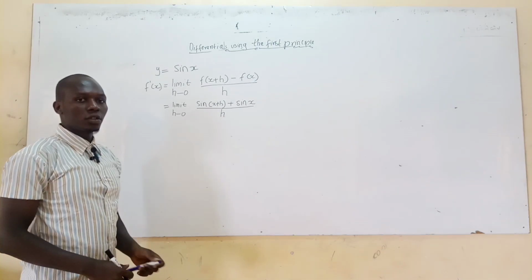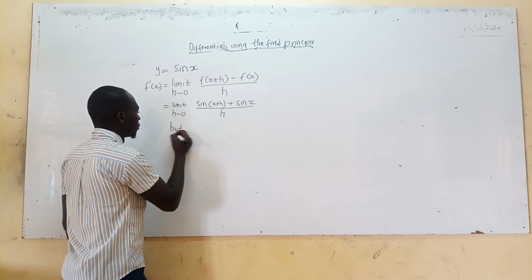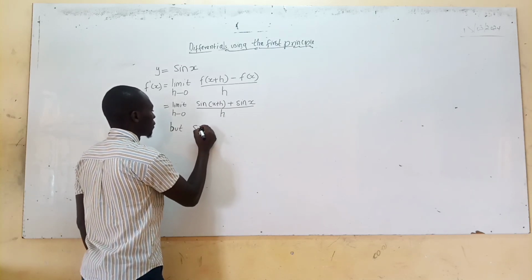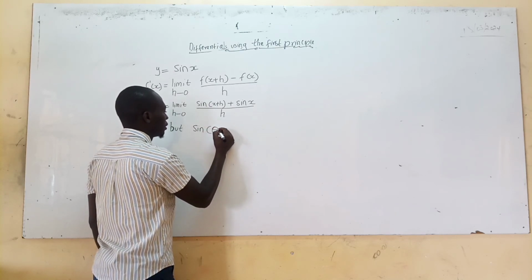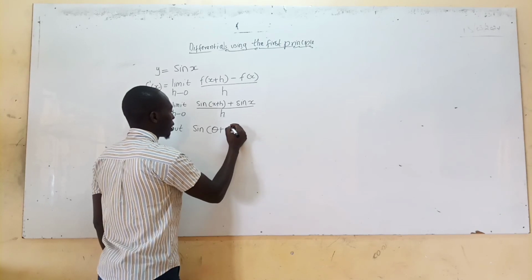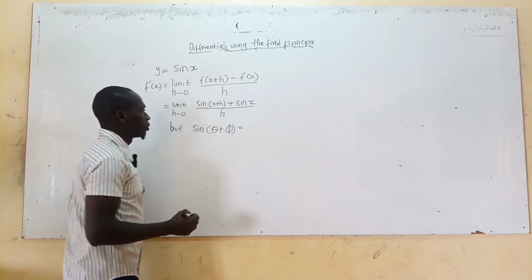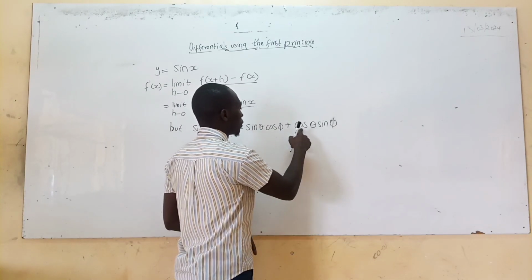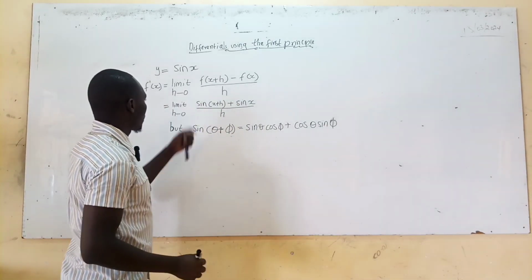By trigonometric rules, we understand that sine of theta plus phi is equal to sine theta cos phi plus cos theta sine phi.